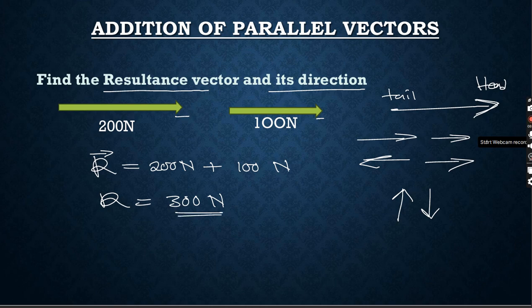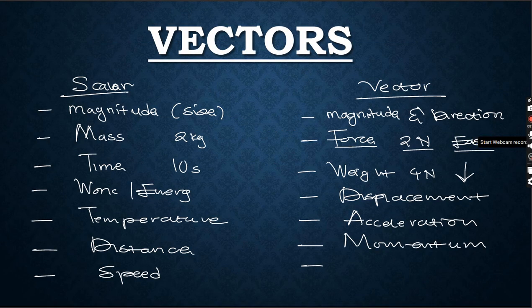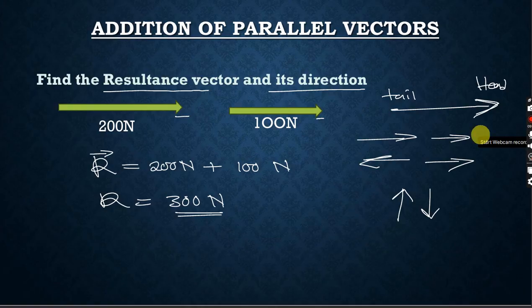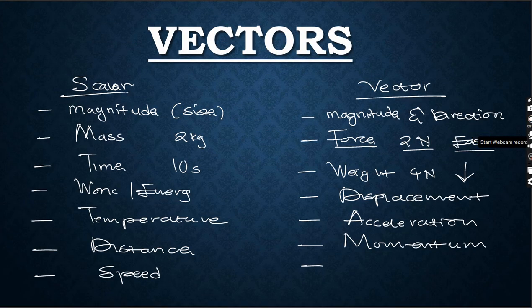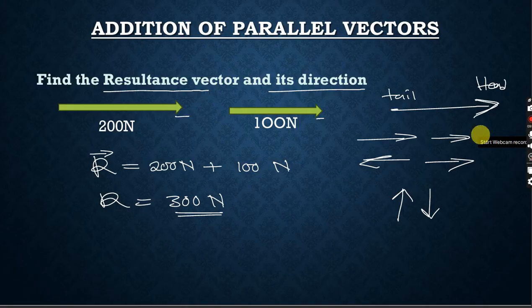What about the direction? For the direction, we are going to follow the compass. The compass looks like this. Here is our north, here is our east, here is our south, and here is our west.